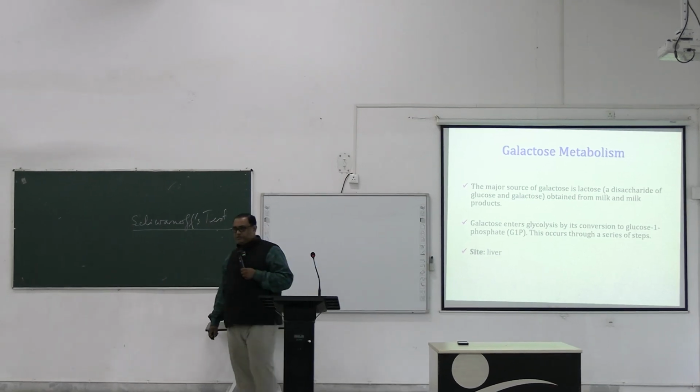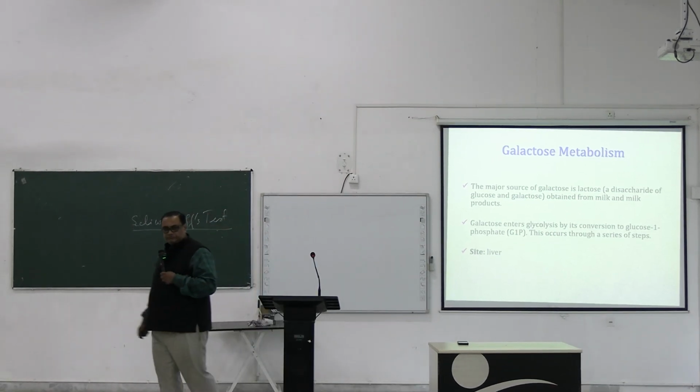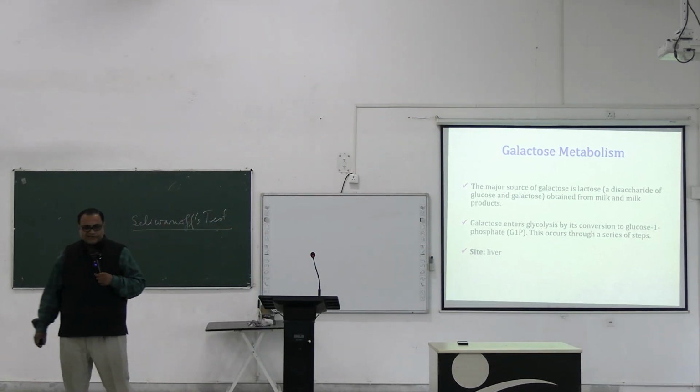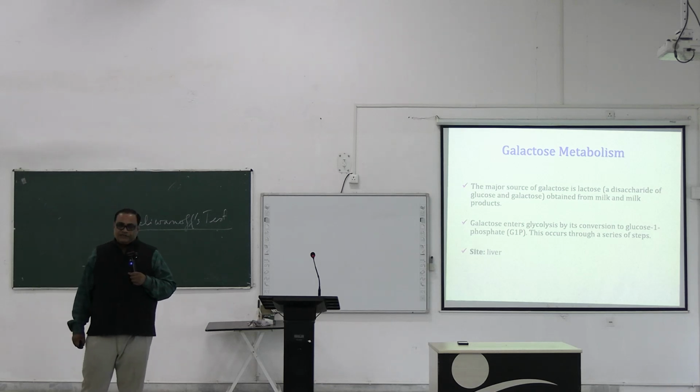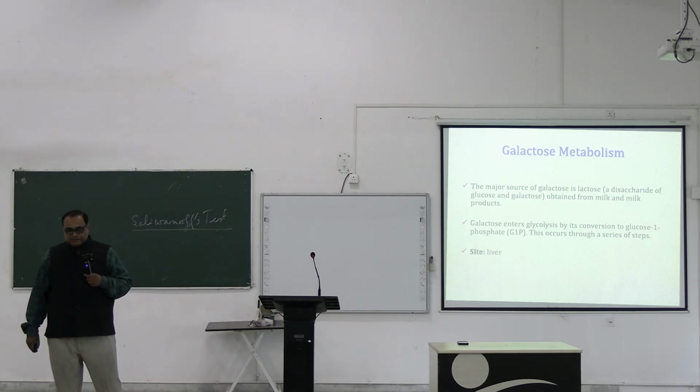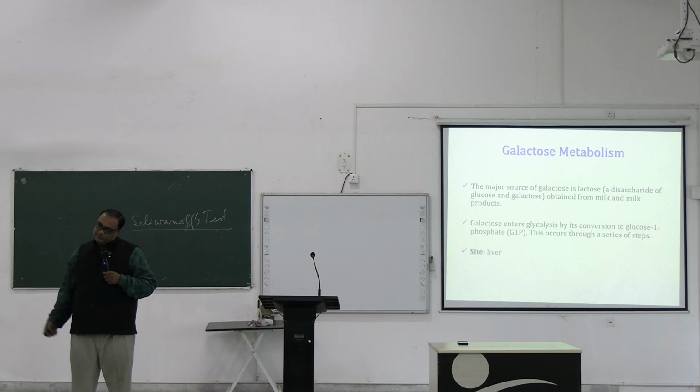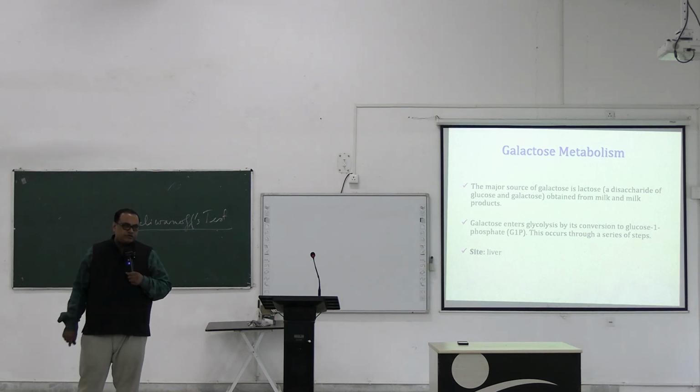The site for galactose metabolism is the liver, as usual. The liver has taken all the pain to metabolize everything. If we drink alcohol, it is the liver. If we do not drink alcohol, eat biryani, it is the liver. If we do not take biryani or alcohol, if we take only mangoes, it is the liver.